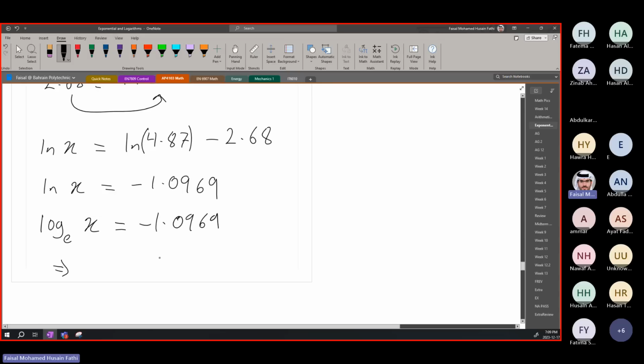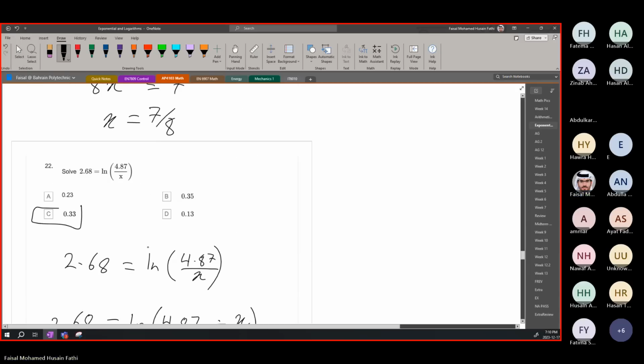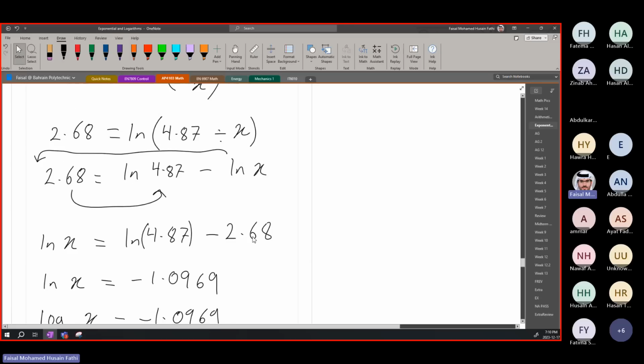So in other words, we can say that the base e to the power of minus 1.0969 is equal to x. Therefore, x is going to be equal to alpha times 10 to the power, which gives 0.3339. Let's check the solution. 0.33. This is your answer. Not any of these. Any questions about this one before we conclude the session?